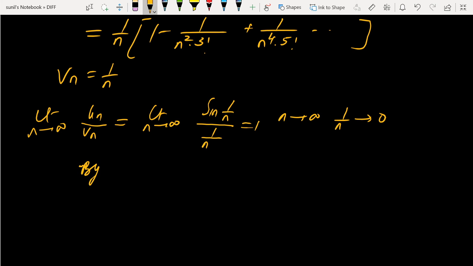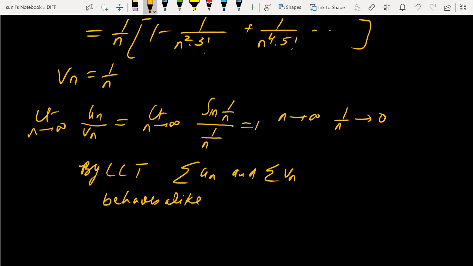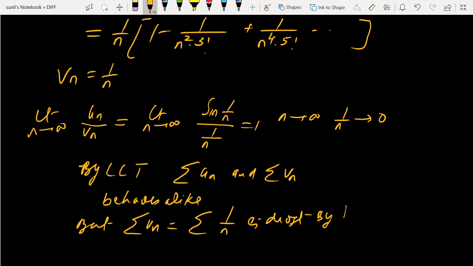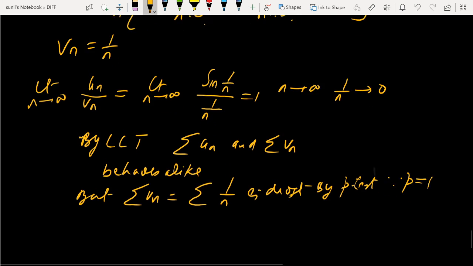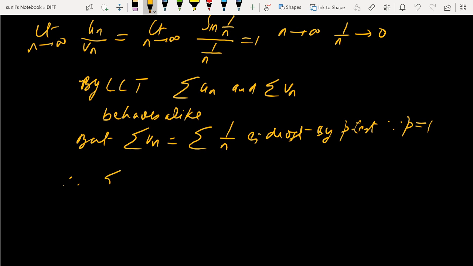So by LCT, summation Un and summation Vn behave alike, but summation Vn, which is equal to summation 1 by n, is divergent by p test because p is 1. So therefore summation Un is divergent.